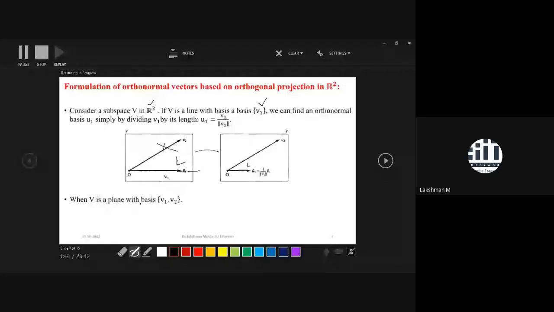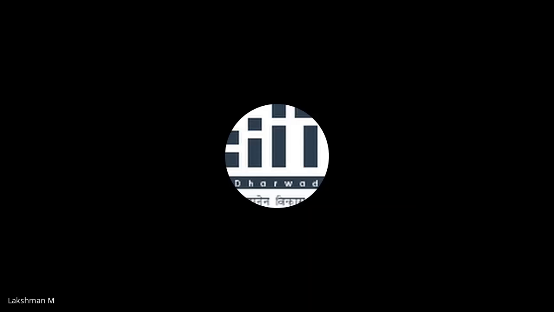Then definitely it will have a basis, and we take a non-standard basis V1 and V2. There would be two elements in the basis because here V is a plane, that means V equals complete R2. So the basis of V has two vectors, V1 and V2. Based on this information, we will try to construct the orthonormal basis U1 and U2.